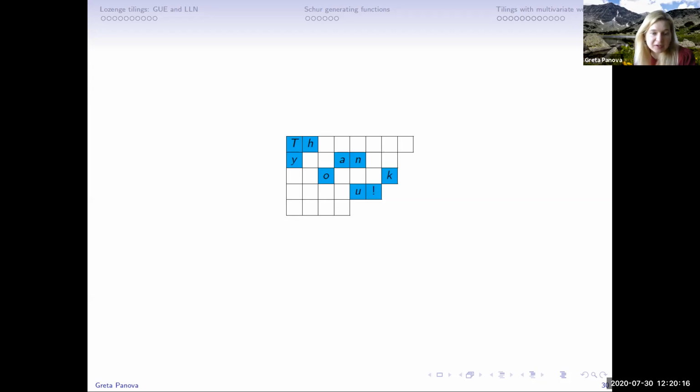Unfortunately, nothing of the kind that we did with Vadim, nor does the Naruse hook length formula help with that case so far. So it is still an open problem, but it could be used just with the usual Schur generating function. You can do more general domains if we could do asymptotics of skew Schur functions.